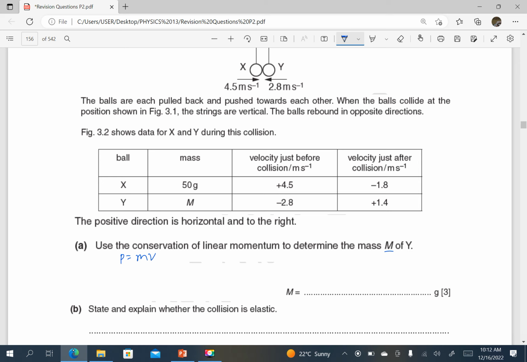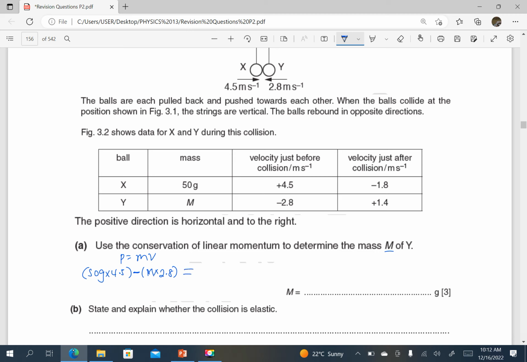I will not convert the units because I know they will cancel out. 50 grams times the speed before collision, 4.5, that is to the right, plus. The other one is moving to the left, so I will put minus. The mass of the other one is m, it is not known, times its speed, 2.8. Because the velocity is to the left in the opposite direction, that's why I have this minus here. That is the total momentum before collision.